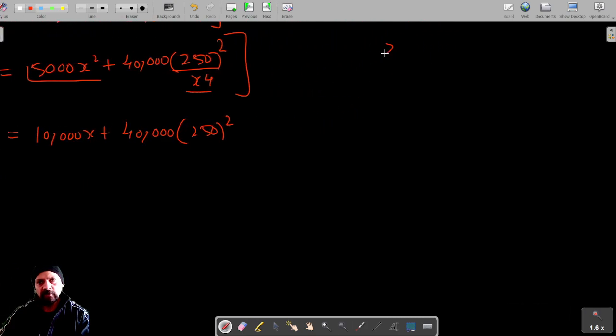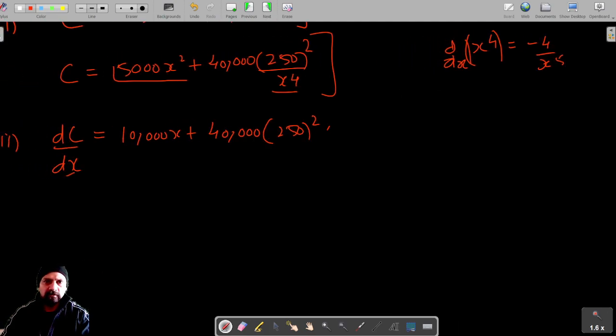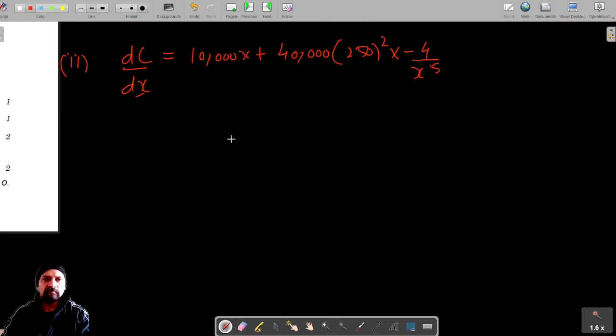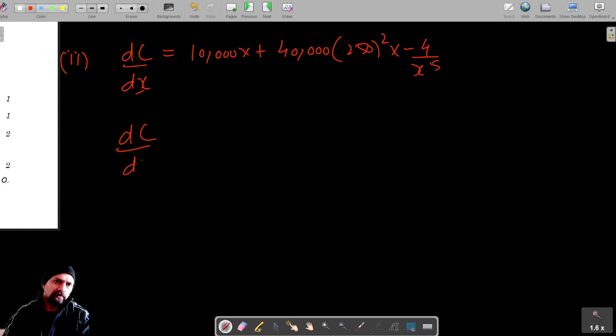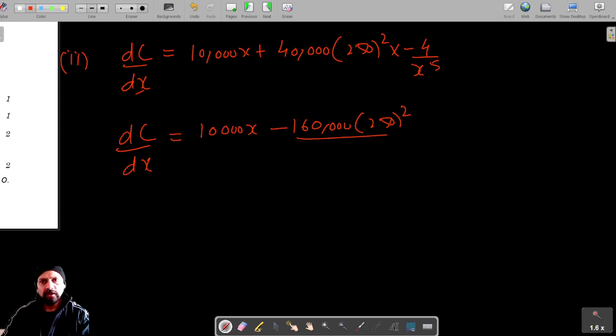Now differentiation of x raised power minus 4 is minus 4 upon x raised power 5. So this is negative 4 upon x raised power 5, which gives us dc by dx is equal to 10,000 x, and minus 4 into 4 is minus 16, so 1,60,000 into 250 square upon x raised power 5. This is dc by dx.